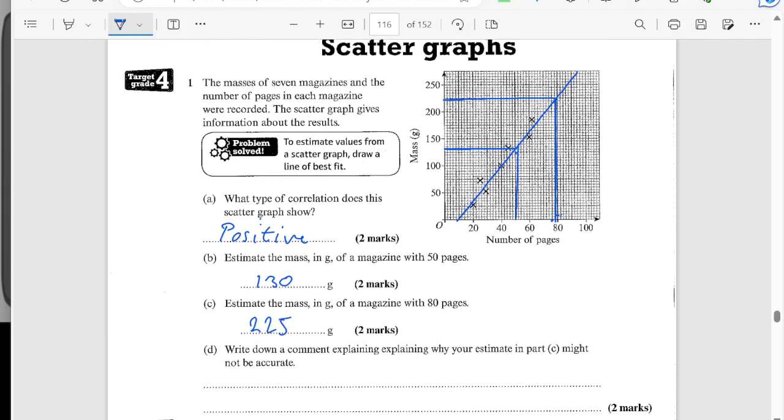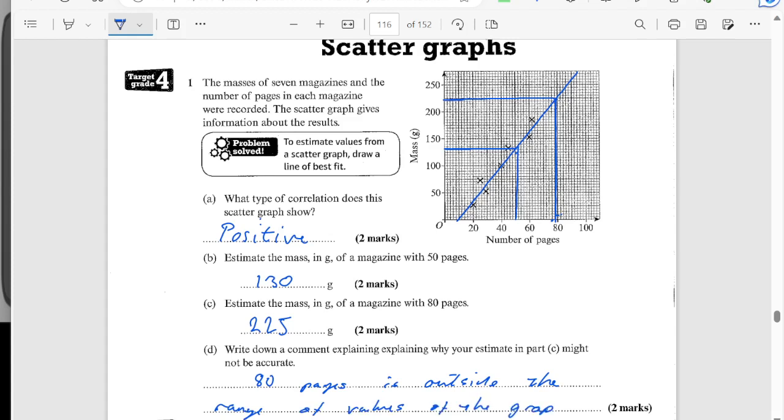Write down a comment explaining why your estimate to part C might not be accurate. I was going to discuss this while we're doing it. Currently the highest value is with 60 pages. So 80 pages is outside the range of values of the graph.